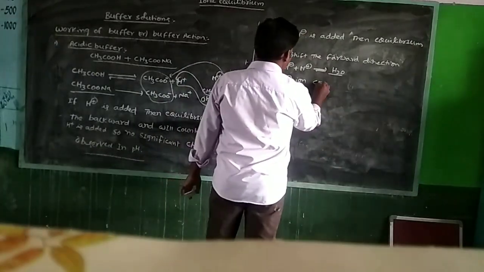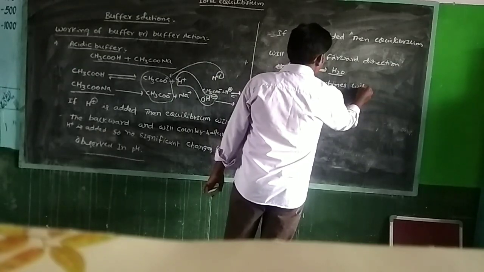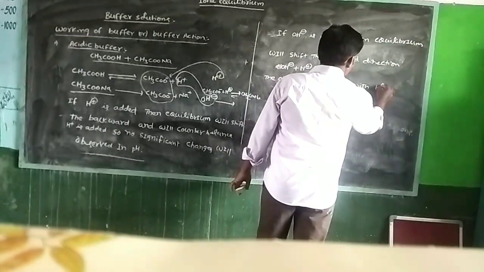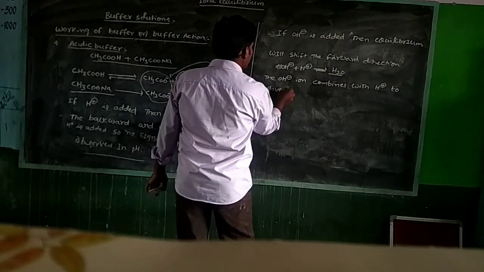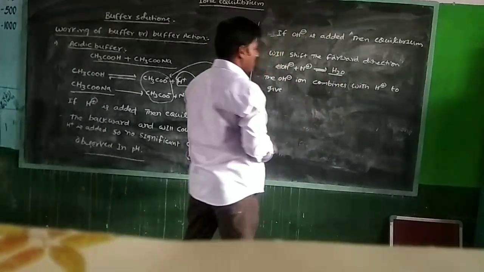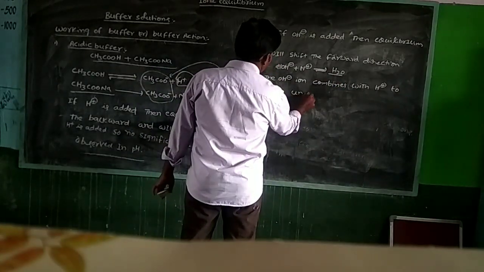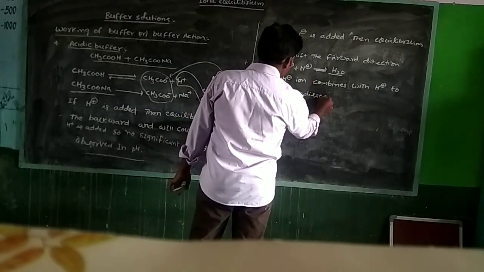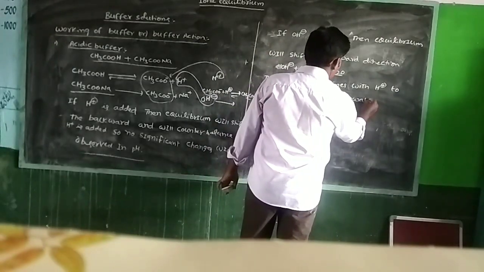The OH minus ion combines with H plus to give the undissociated water molecule.